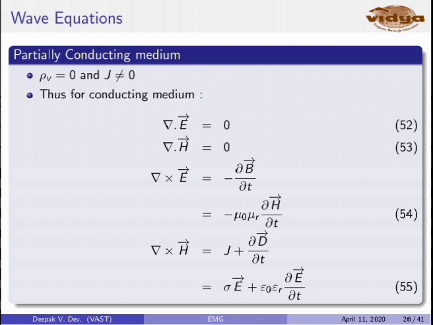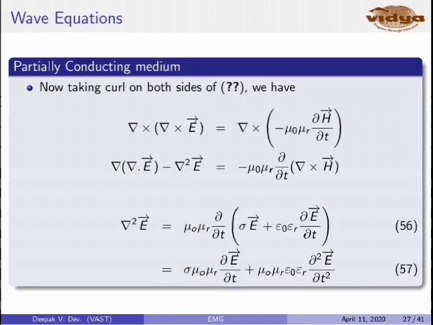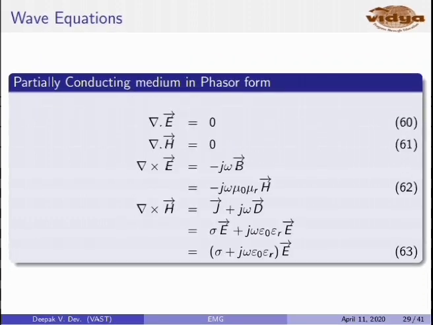The first two equations are the same, but equation 54 you can write as del cross E is equal to minus j omega B. Actually it is minus dou by dou t of B. Instead of dou by dou t, we substitute the frequency term j omega B. And B is equal to mu 0 mu r H. So the equation becomes del cross E is equal to minus j omega mu 0 mu r H. Next, del cross H is equal to actually J plus dou D by dou t.